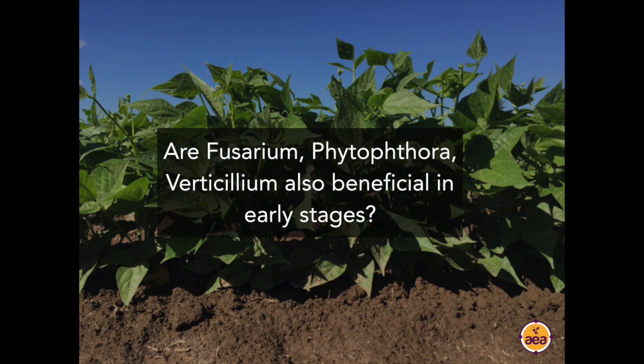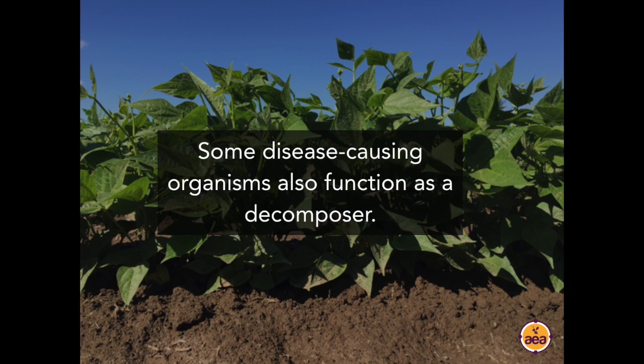Fusarium, Phytophthora, Verticillium, the things that we call diseases, are they also beneficial and then in turn attack the plant? I don't know if this is true for some of the oomycetes and for all the organisms like Phytophthora we spoke about a moment ago, but my understanding is that is the case for some of these organisms such as Verticillium and Fusarium, where they're actually saprophytic fungi.